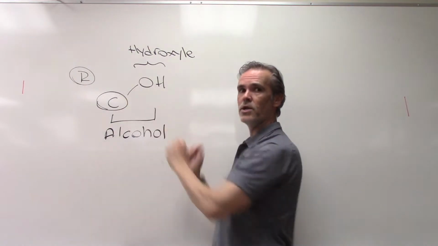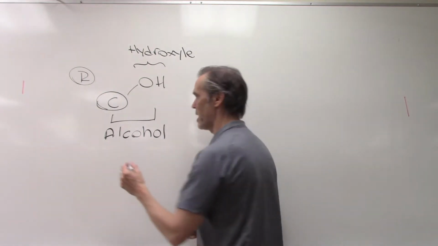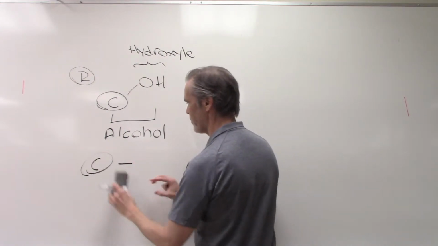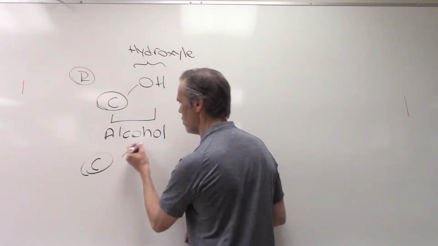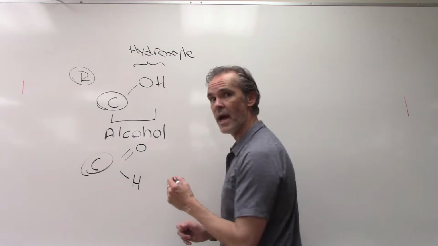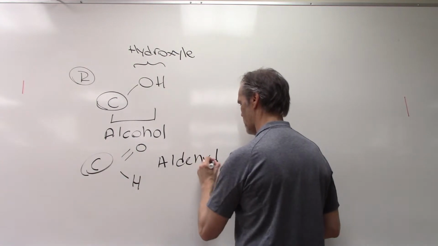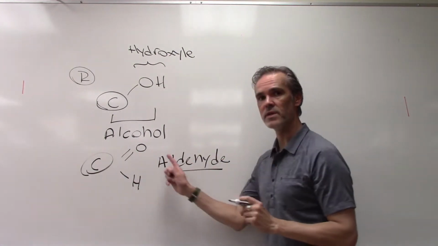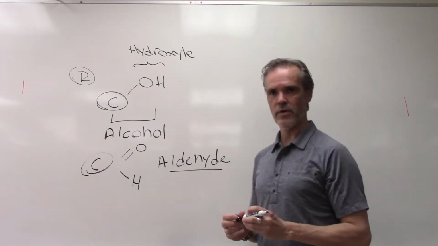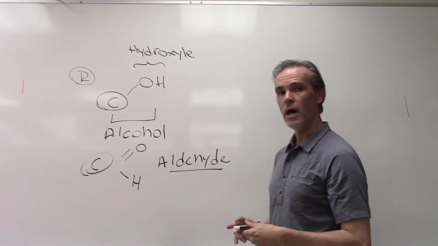If you ever see C, and then on one side you see O, and then H here, that is known to be an aldehyde group, as in formaldehyde, for example. So this part right here is aldehyde, and this part right here is alcohol.